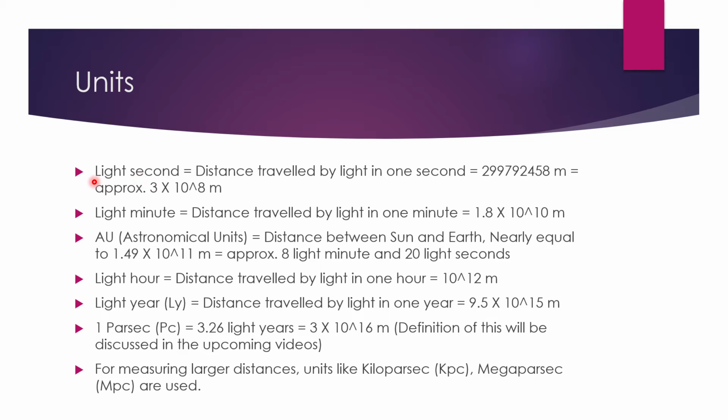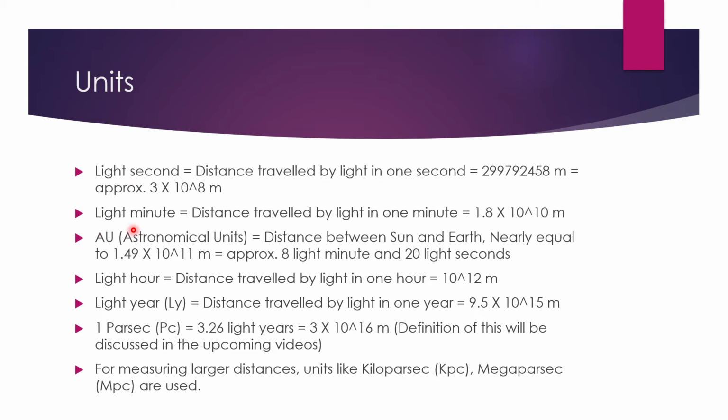Now, a light second is the distance traveled by light in 1 second. The speed of light is about 299,792,458 meters per second, which is approximately 3 into 10 power 8 meters per second. So the distance covered by light in 1 second is approximately 3 into 10 power 8 meters.